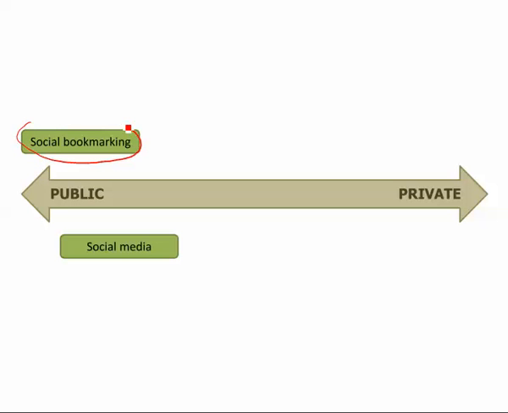If you've never heard of social bookmarking, some of the sites that we're going to be using are called Diigo, which is a social bookmarking site that also allows you to create other things like web slides and lists and groups. In our case, we're going to be using a Diigo group for this semester. And the other tool that we're going to use on that side in terms of social bookmarking is Pinterest.